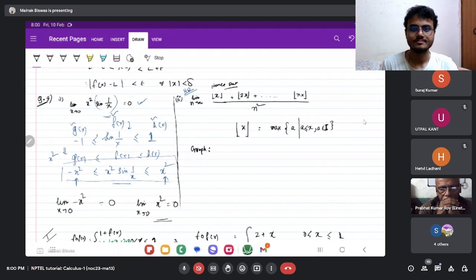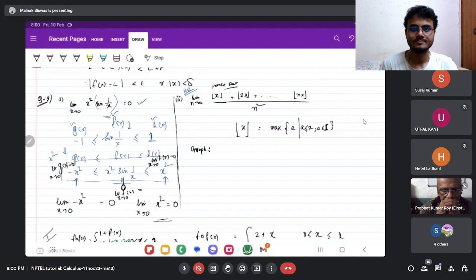You put the value of 0 there. So what would be this limit? This will also be 0. Since the limits of g(x) and h(x) are both 0 as x tends to 0, limit f(x) is also 0 as x tends to 0.